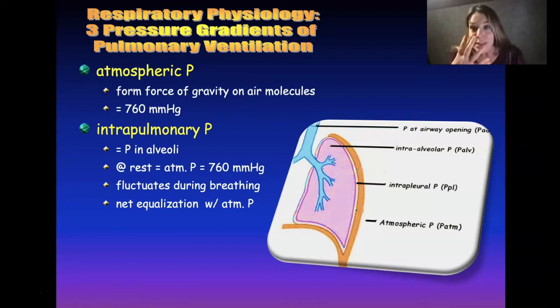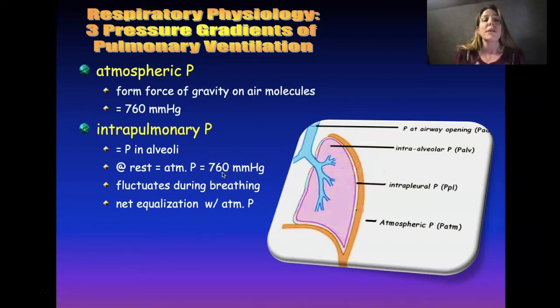Now, moving on down into the respiratory system, we have the pressure that's applied to the air inside the alveoli of our lungs. And this is called intrapulmonary pressure. So the pressure inside the alveoli. So at rest, meaning between breaths, between inspiration and expiration, the pressure inside the alveoli, the intrapulmonary pressure, is going to be equal to the atmospheric pressure of 760 millimeters of mercury.